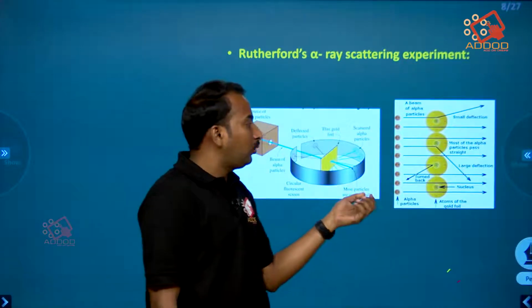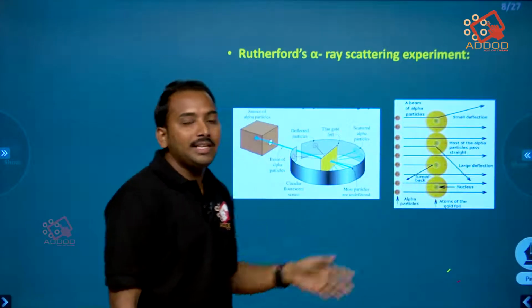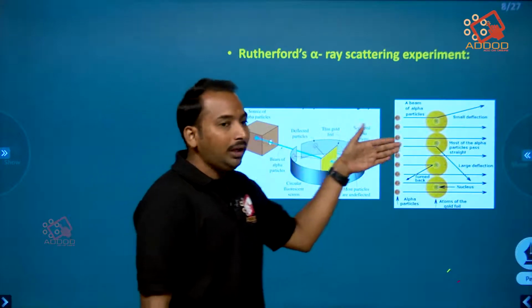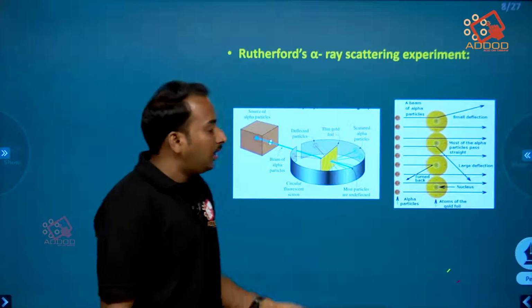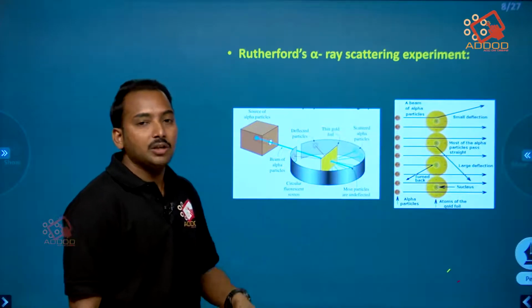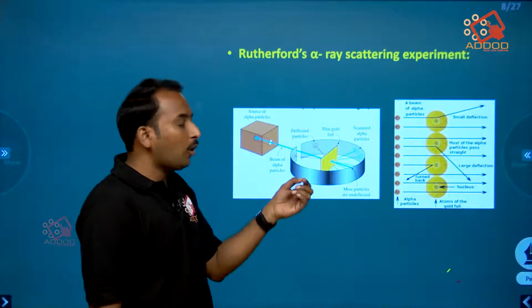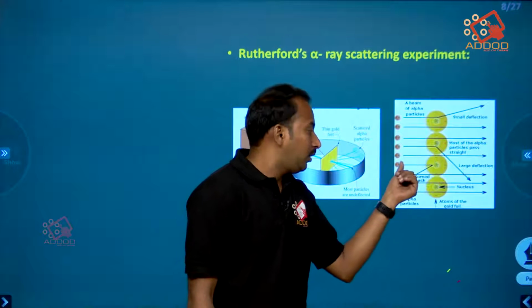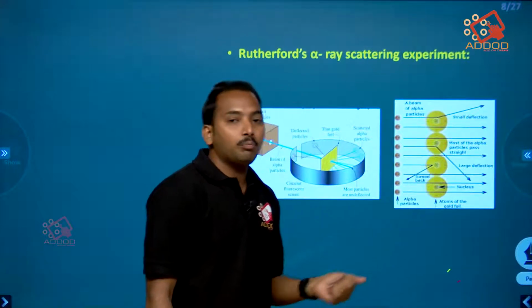So he concluded that most of the atom is empty. Alpha particles passing through undeflected, and a few being deflected by some angles, is caused by the positive charge being concentrated in a small region. That is the reason the particles bounce back.